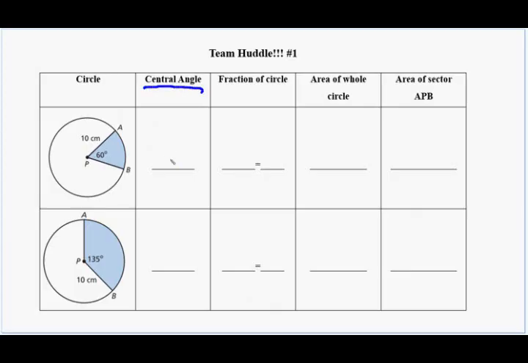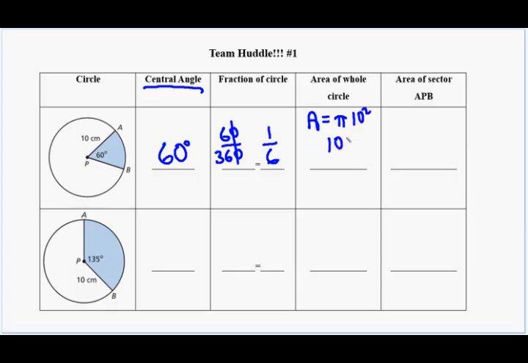So here, our central angle is 60 degrees. As a fraction, that would be 60 out of a full 360. Drop the zeros, divide by 6. That's 1/6 of a circle. Our area is pi times 10 squared.